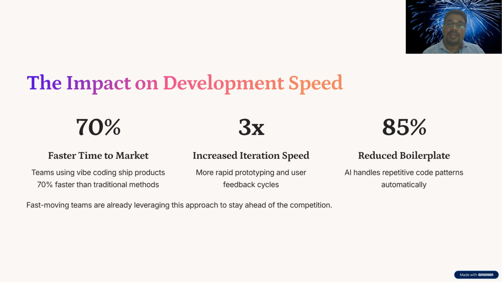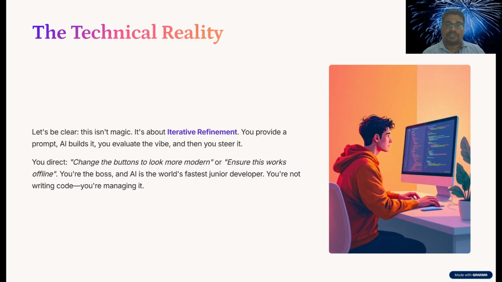Now, what is the technical reality behind this? From a TPM perspective, we should also have a high-level view of how this is going to work. But let's be clear, it's not magic, it's about iterative refinement. You give a prompt, the AI builds it, you check the vibe, and then you steer it.